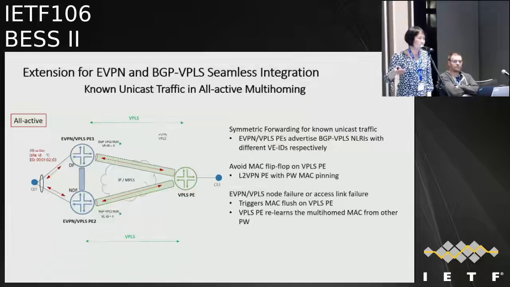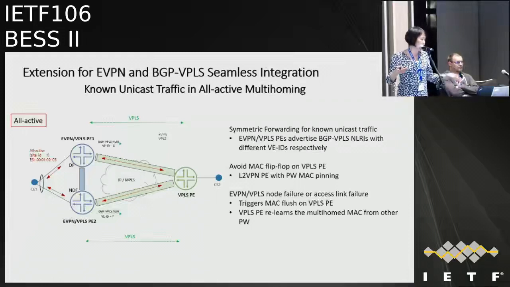But there is one very common procedure called pseudo-wire MAC pinning. With that, even though in the core it's data plane learning for VPLS, we can pin the MAC to one particular PE, whichever it comes from first, and that particular MAC will always be pinned to that PE.